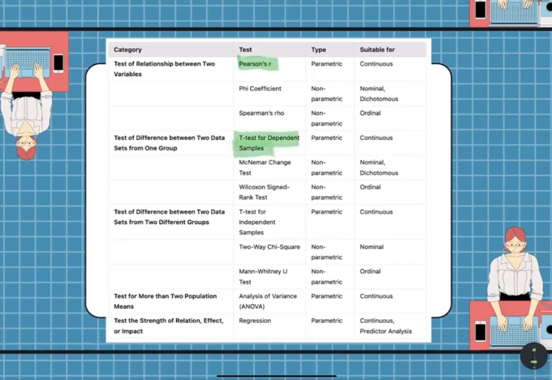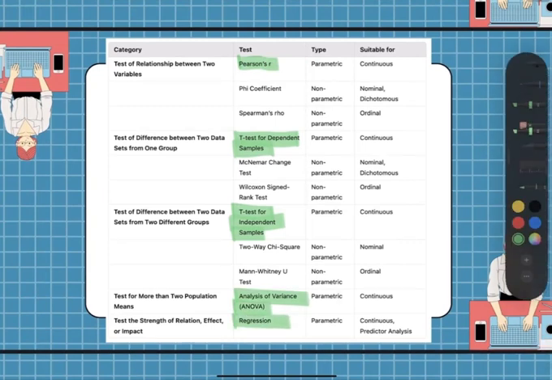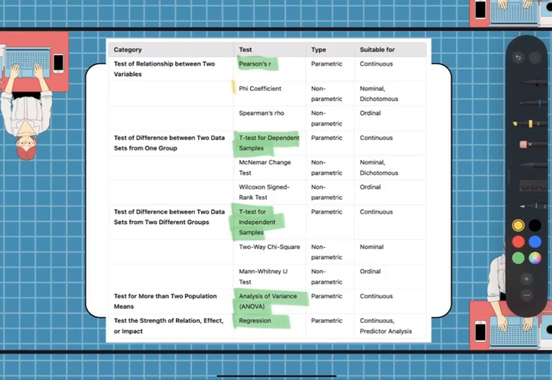T-test for independent samples. All right, your t-test, your ANOVA, and your regression. Now the rest, your phi coefficient, your Spearman rho, McNemar, Wilcoxon, two-way chi-square, Mann-Whitney U-test are all non-parametric tests.